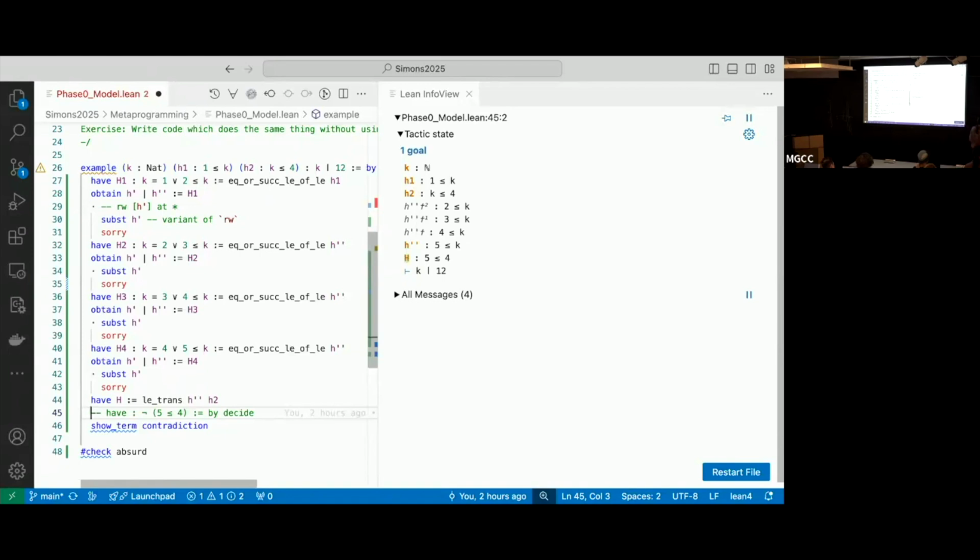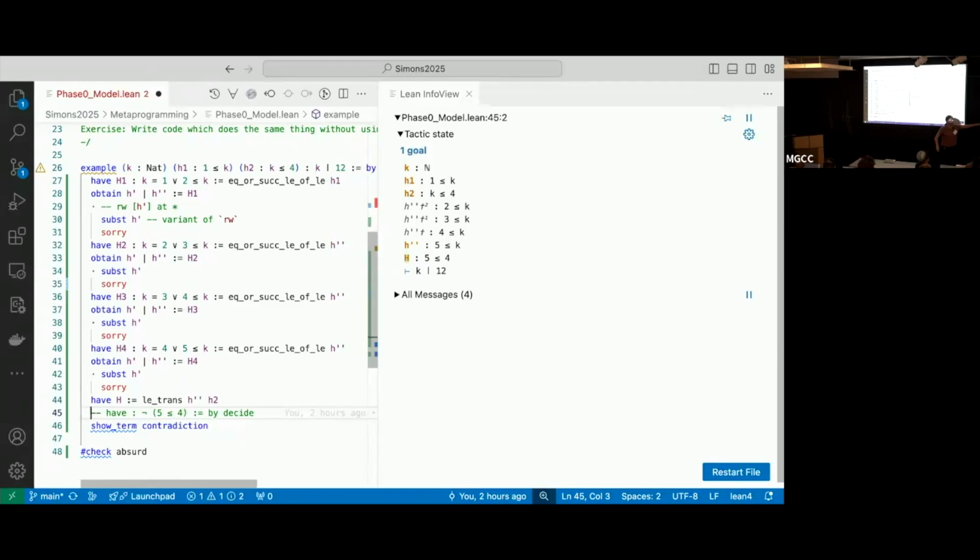In this case, the two pieces are a proof of, so this H double primed was the fact that 5 is less than or equal to K. And this part was a proof that K is less than or equal to 4.